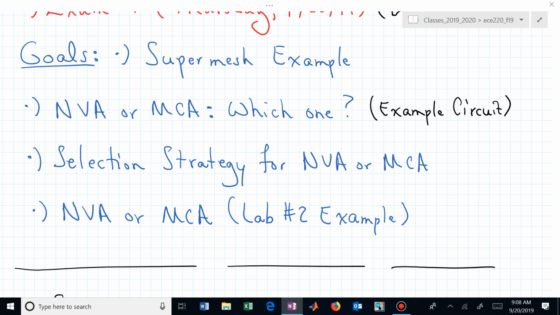Question: if the exam has a problem where we could apply node voltage analysis, will we be penalized for that? So the question was, if we want to be forward thinking and apply node voltage analysis or mesh analysis to a problem, can we do that or will we be penalized? The exam is multiple choice.